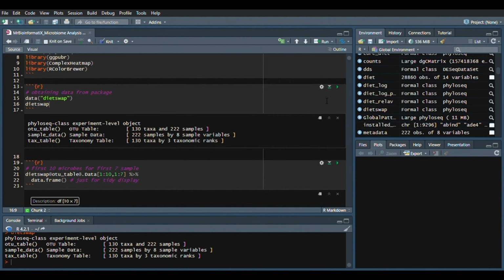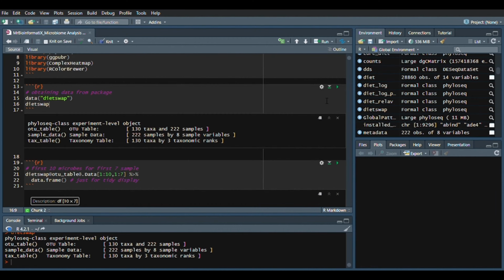This contains metadata associated with each sample, like for example groups such as lean, overweight, and obese, time point, and nationality. And then the taxonomy table, which contains 130 taxa classified across 3 taxonomic ranks. This table describes the taxonomic classification of each OTU.